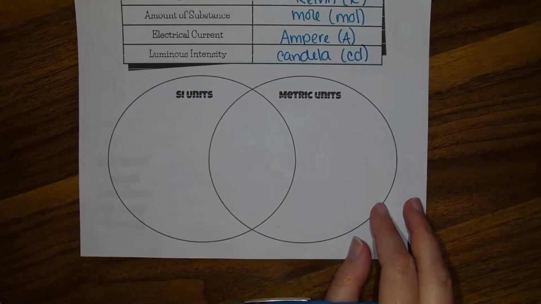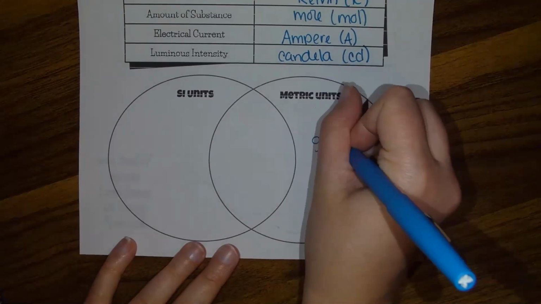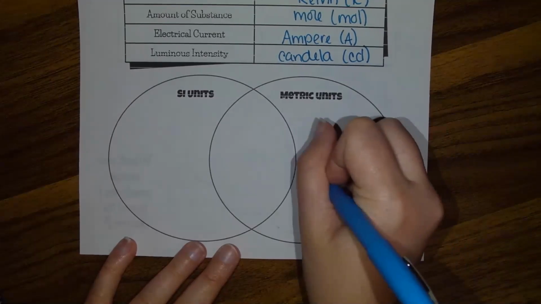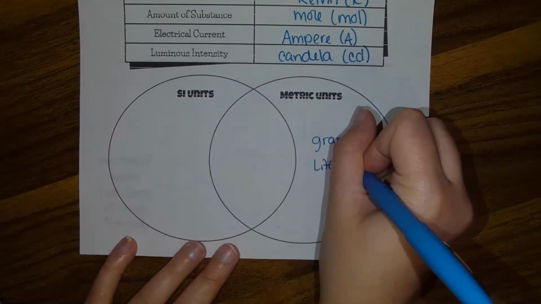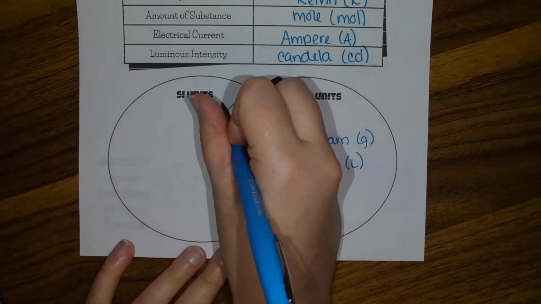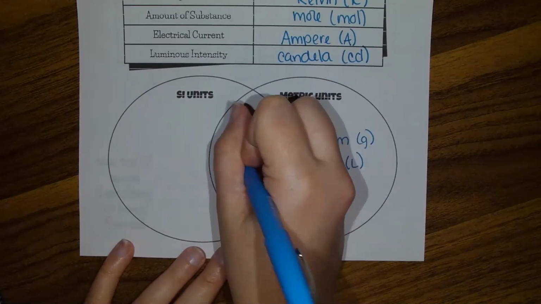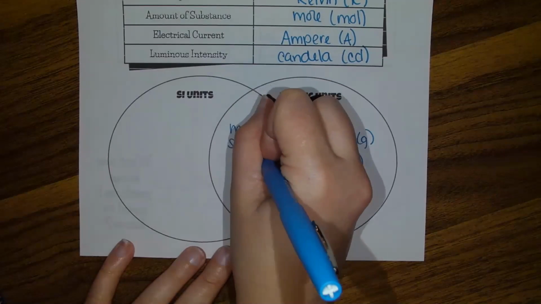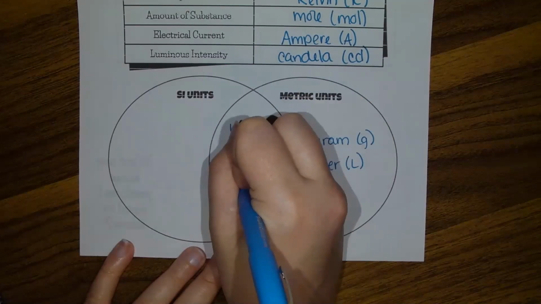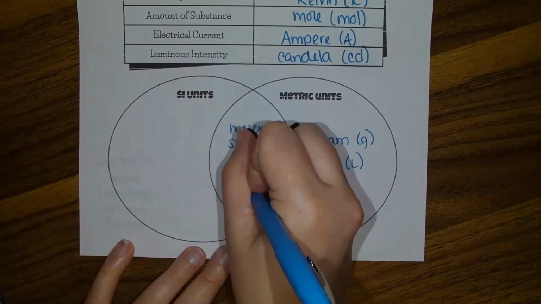So comparing them, what is different is we have grams over here, which is just G, and liters for L. The same is going to be the meter, seconds, Kelvin, and our mole.